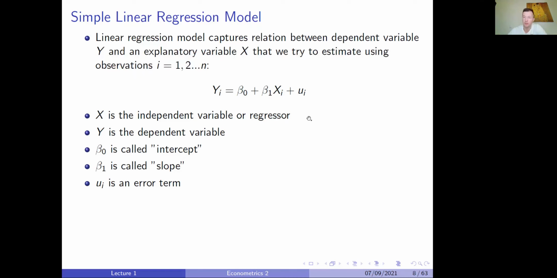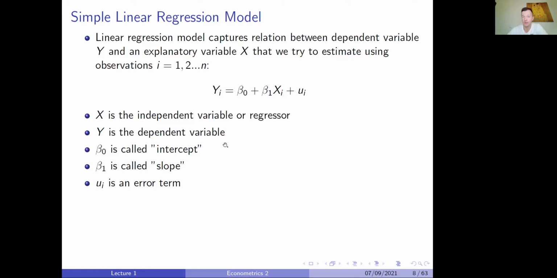So what is an error term and what is the meaning of this error term? In real practice, and in the next slide you will see the example, there are almost no such relations where only one variable affects another variable. There are many more factors that can affect this outcome or dependent variable.